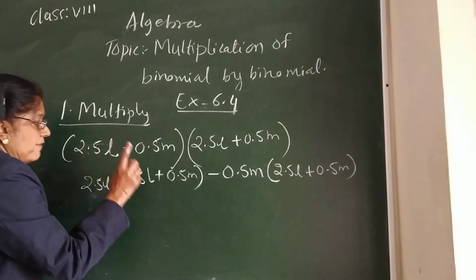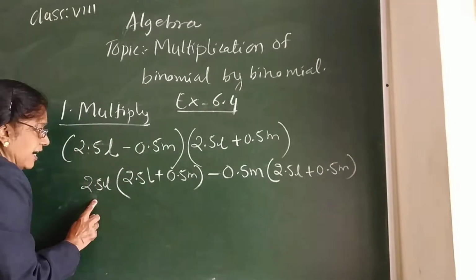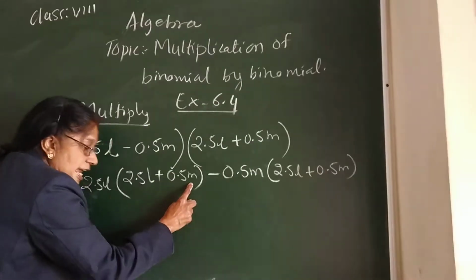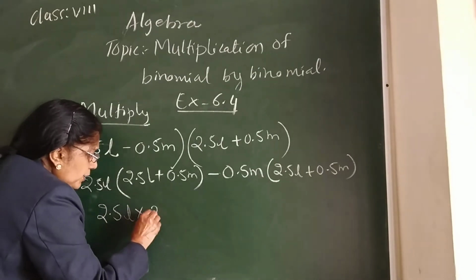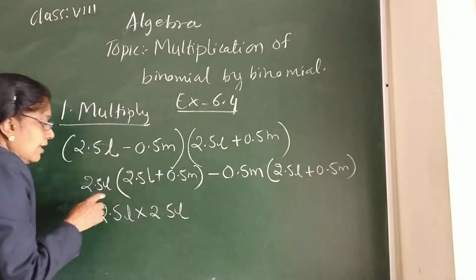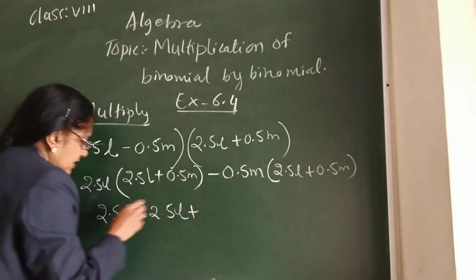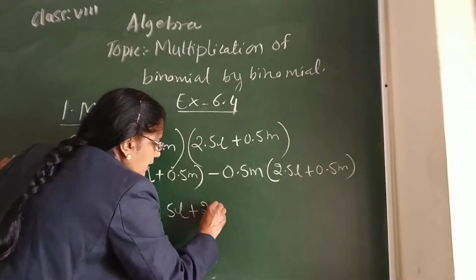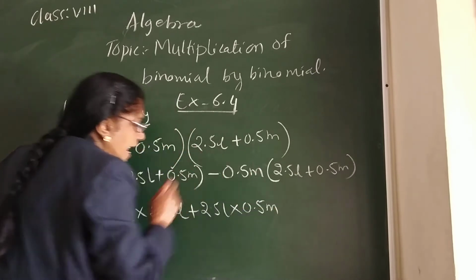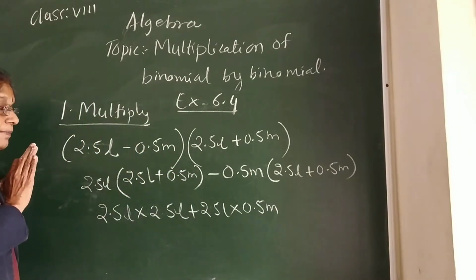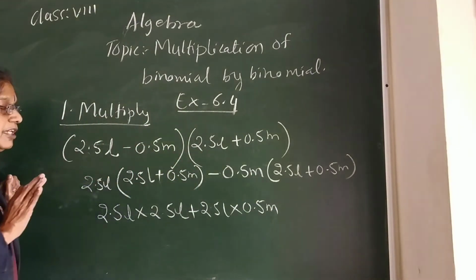So it's over. Now again, 2.5L should be multiplied with 2.5L, then 2.5L should be multiplied with 0.5M. So first what do we write down? 2.5L into 2.5L. What sign is there? Plus 2.5L into 0.5M. So first multiplication of the first distributive property we have done.